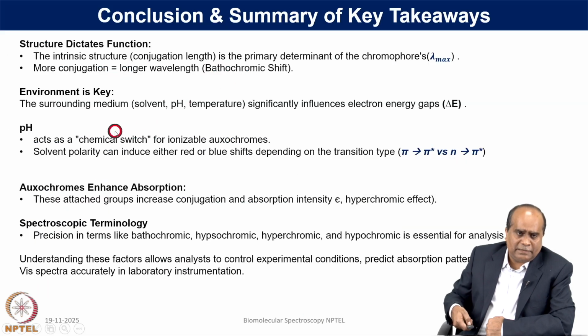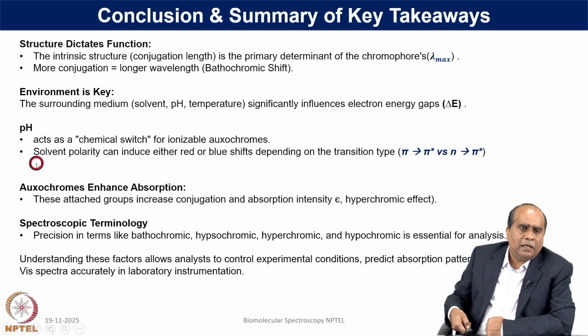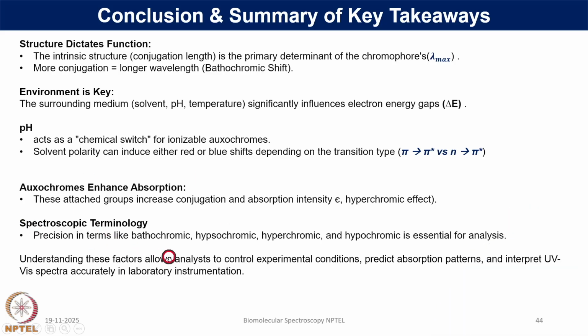Solvent polarity can induce a red or blue shift depending upon the transition, pi to pi star versus n to pi star. The auxochrome enhances the absorption. The attached group increases the conjugation and absorption, the hyperchromic shift. And in spectroscopy terminology, we looked at the precision in terms like bathochromic, hypsochromic, hyperchromic, and hypochromic.